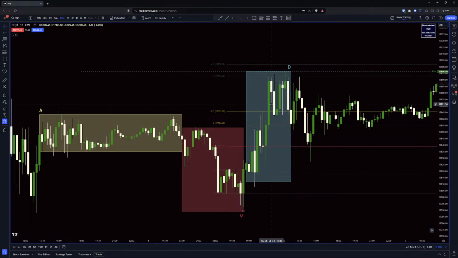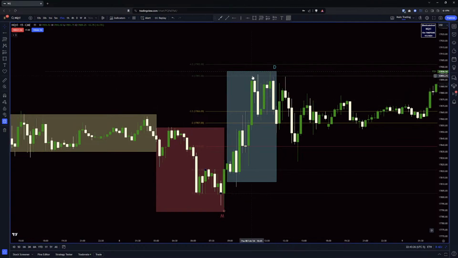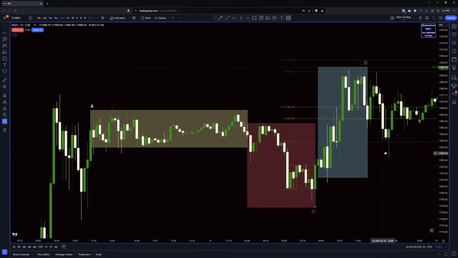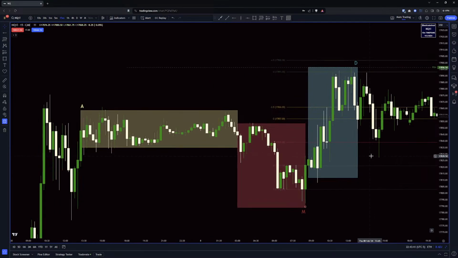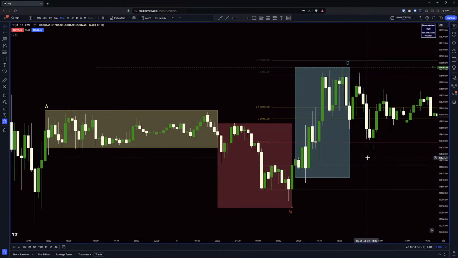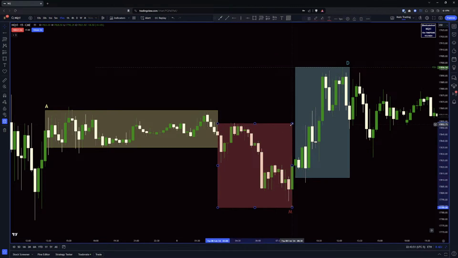Now this move went a little quick and it wasn't as many points. But like I said, we're on a 15-minute. So if you're looking for precision entries, always have your 15-minute there for measuring these moves. And then you can have the 1 minute for a precision entry, right? So that one works pretty well.